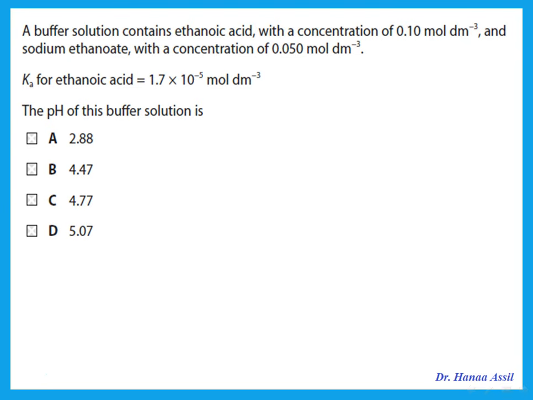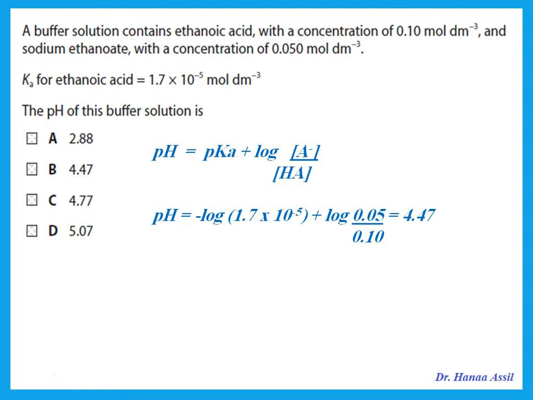Again, this question says a buffer solution contains ethanoic acid with concentration 0.1 mole per decimeter cubed and sodium ethanoate with concentration of 0.05. He gives me the Ka for ethanoic acid. What is the pH of this buffer solution? Again, pH is equal to pKa plus log of the concentration of A minus over the concentration of HA.